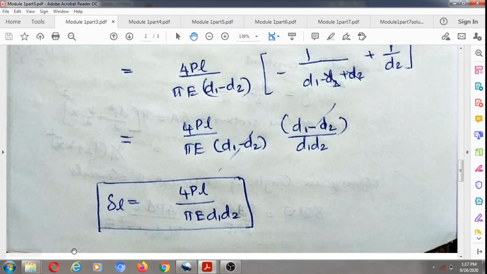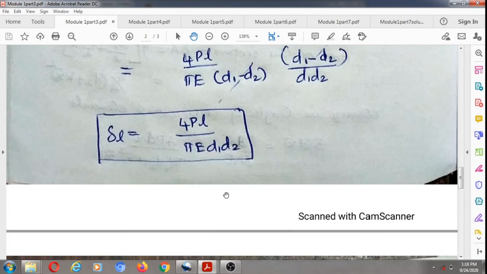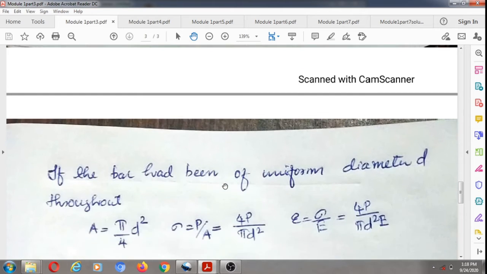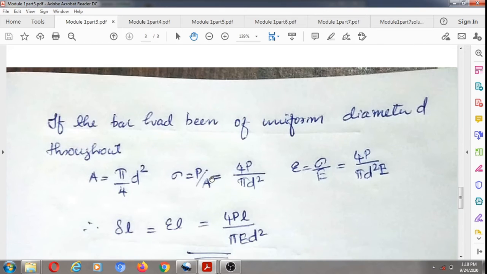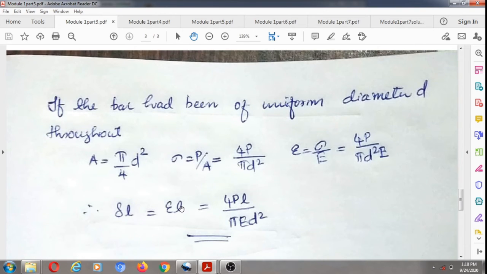This is the expression for elongation of a bar of varying cross-sectional area, when the external load P acts axially on that bar, with the cross-section varying uniformly. Now what happens if the bar has a uniform diameter d throughout?